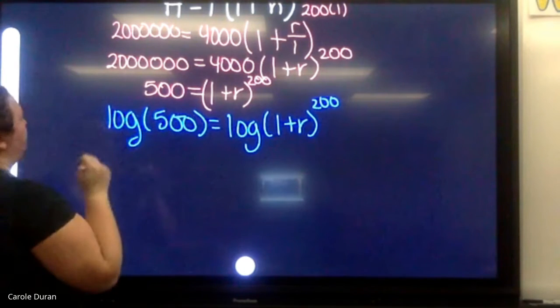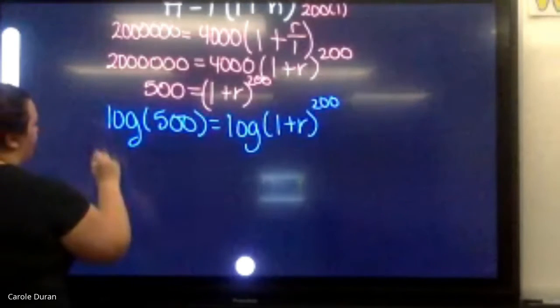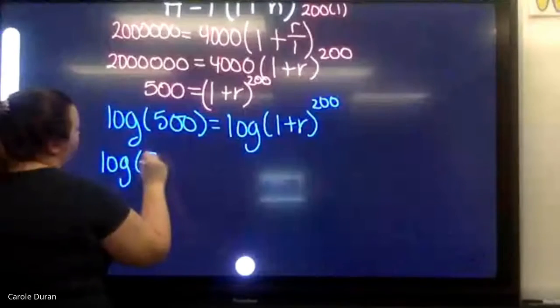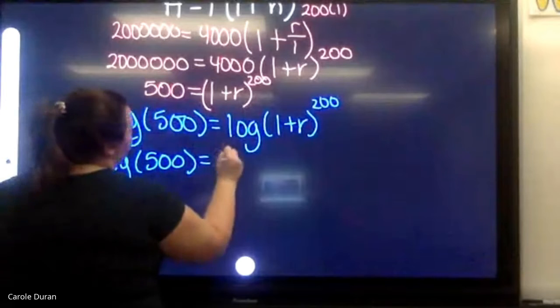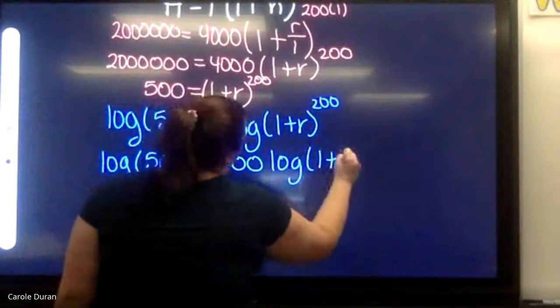Okay. So I'm going to bring the 200 down front. So I get log of 500 equals 200 times log of 1 plus R.